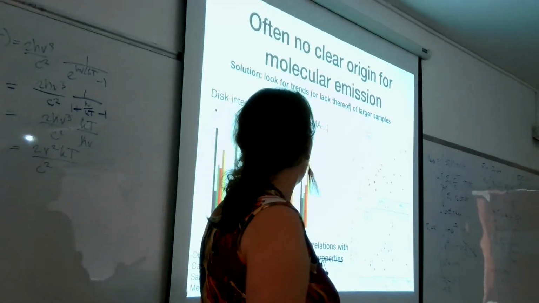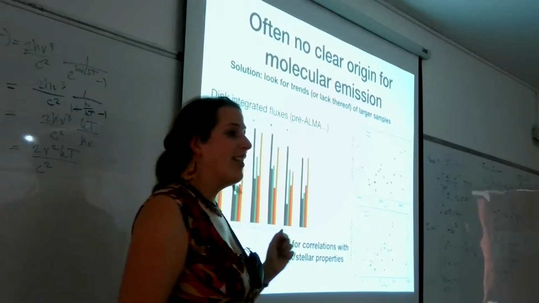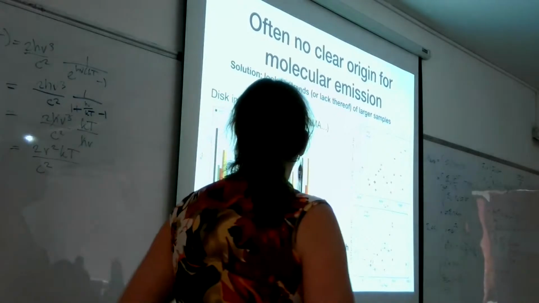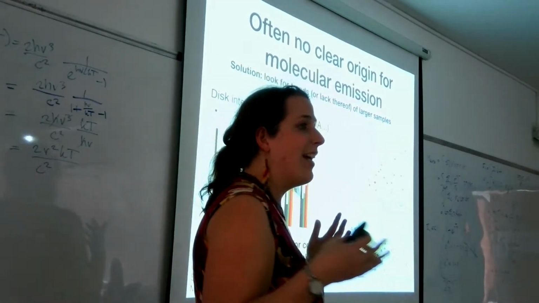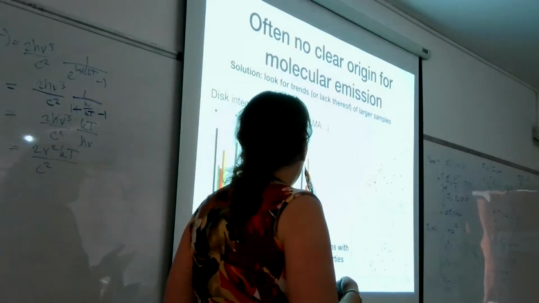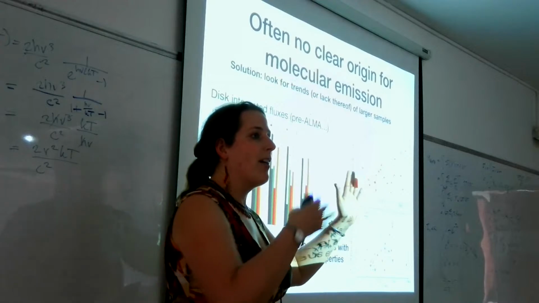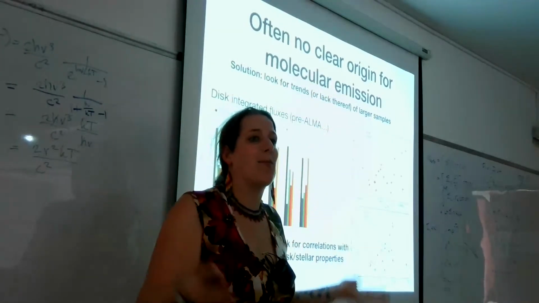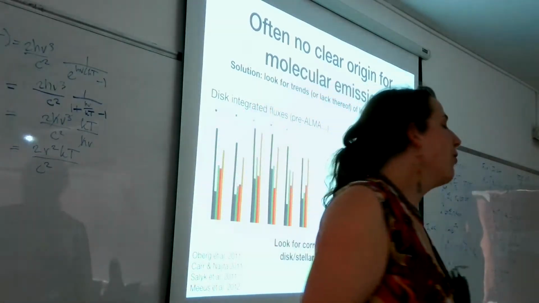Also before all that, a lot of these chemistry studies were essentially just looking for molecular lines, deriving abundances, and not immediately knowing what was going on. And if astronomers don't know what's going on, they plot one measured parameter against another measured parameter, and then they hope to find some correlation, because that can maybe tell us something about the origin of that emission.